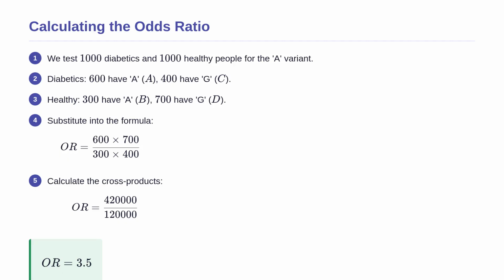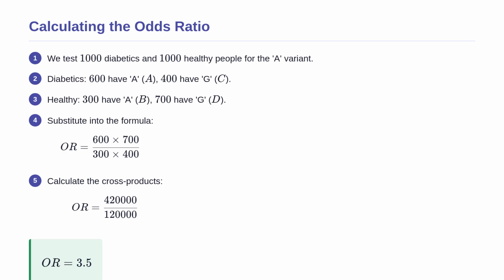Before we move on, let us see this formula in action with a concrete example. Let us say we are studying type 2 diabetes, and suspect the A variant increases risk. We are given data for 1,000 diabetics and 1,000 healthy people. Among the diabetics, 600 have the A variant, which is our A, and 400 have the G variant, which is our C. Among the healthy controls, 300 have the A variant, our B, and 700 have the G variant, our D. We chose the odds ratio formula to directly compare these cross products.